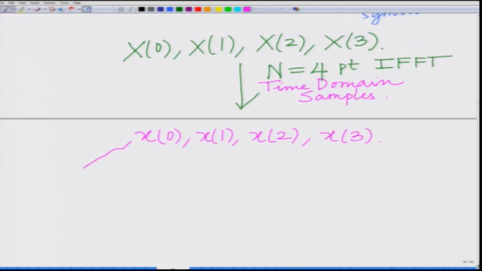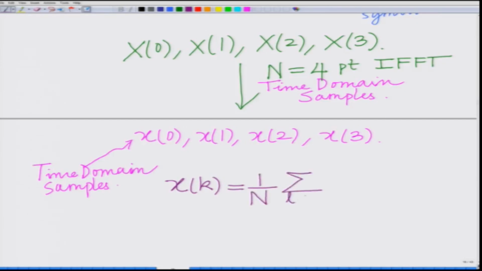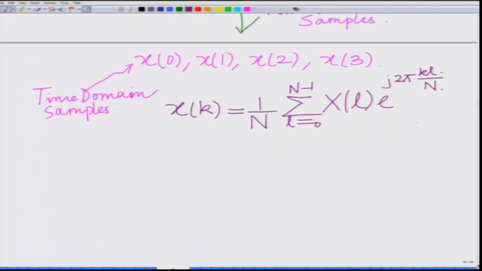These are basically, you remember, the time domain samples. And these are generated as x_k equals, as we said, the N-point IFFT, summation over L equal to 0 to N minus 1, e power j 2 pi k L by N, and we have already calculated this before previously in the context of the OFDM symbol.